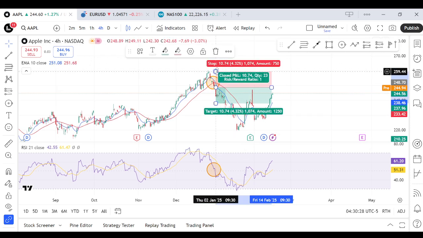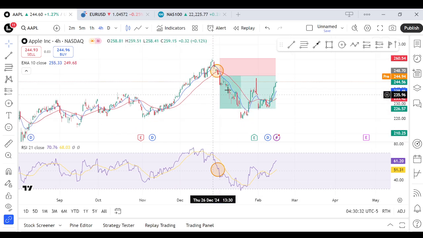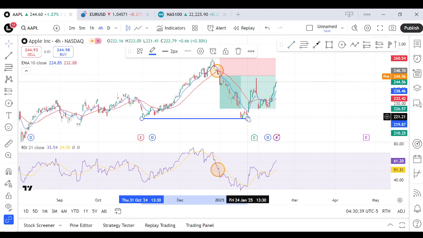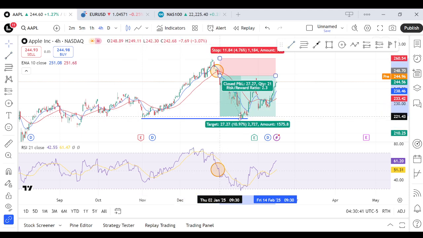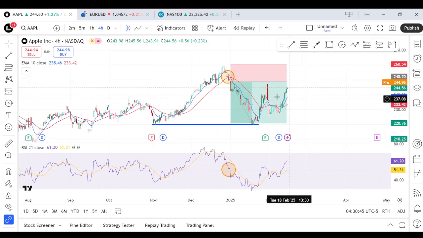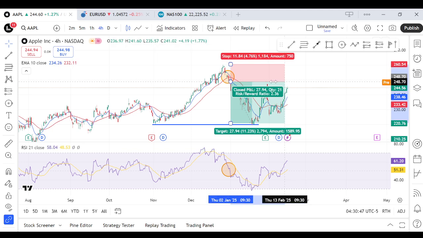Our stop loss above that swing high, and our take profits at this support level right here, or we could just target a 1:2 risk to reward ratio. And there you have it. We had a 1:2.36 from this setup, this bearish setup we had here.